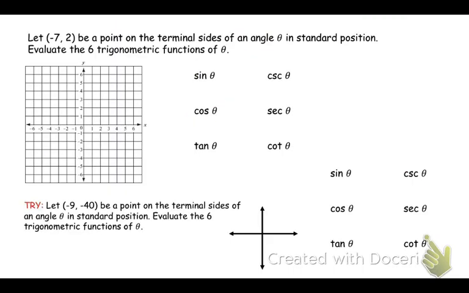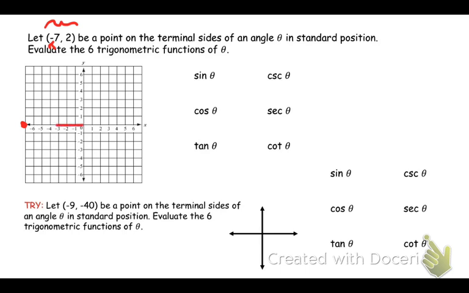So in this first problem, we're given the ordered pair -7, 2, and we're asked to find the 6 trigonometric functions of theta. So if x is equal to -7, that places a point over here. And it says that y is equal to 2.